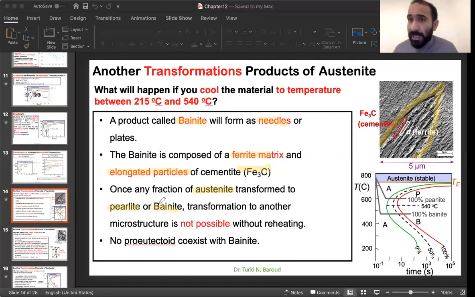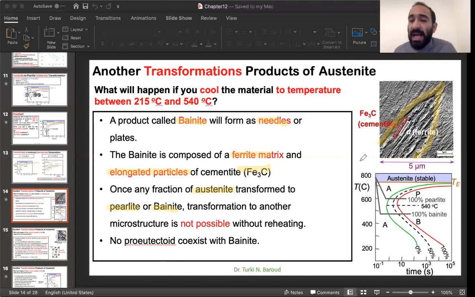Bainite, nothing can happen to it, even if you cool down to room temperature, okay? Because they are stable. The only way to change their structure, to change the bainite to something else or the perlite to something else, is to reheat again. Clear? So upon cooling, if a fraction of the austenite transforms to perlite, it will stay perlite forever. If a fraction of austenite transforms to bainite, it will stay bainite forever unless you apply heat.